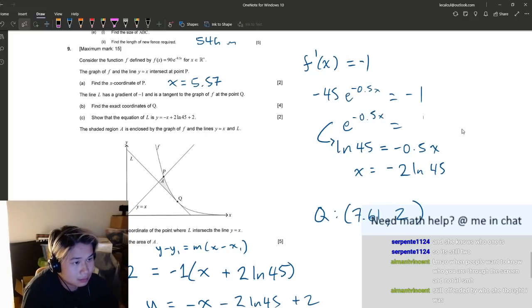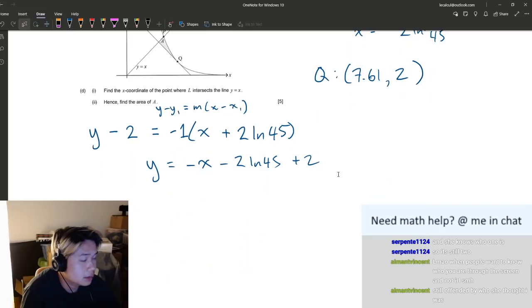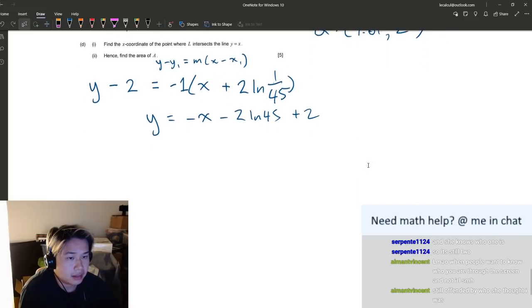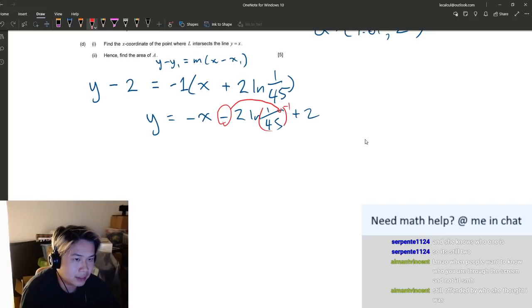Oh shoot. 1 over 45. 1 over 45. Okay, so because the question wants this as natural log 45, and currently we have natural log 1 over 45, what we're going to do is take this little negative and bring it into the log as a negative exponent, which takes the reciprocal, and then there you go, you're done.